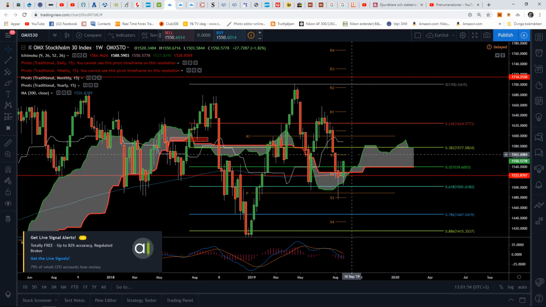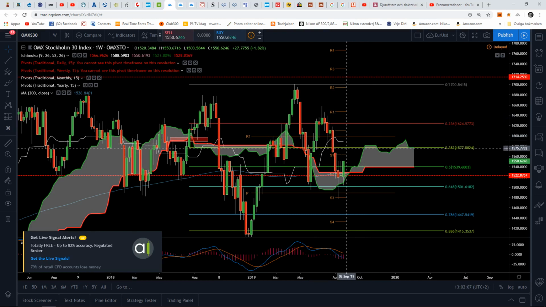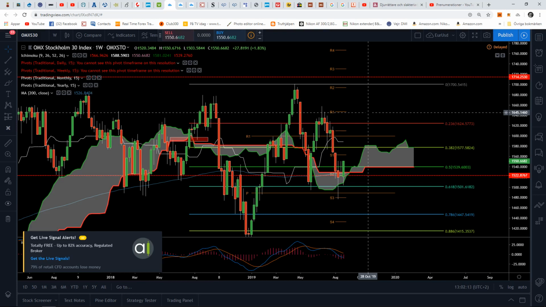That's my intelligent guess. That's all I can say. Of course, it's not really a trending climate. It's more of a ranging climate. So of course, taking profits on the way is very wise if you're trading on a few months perspective here.